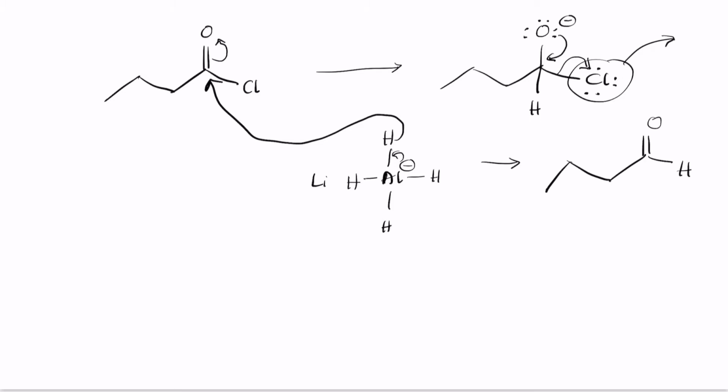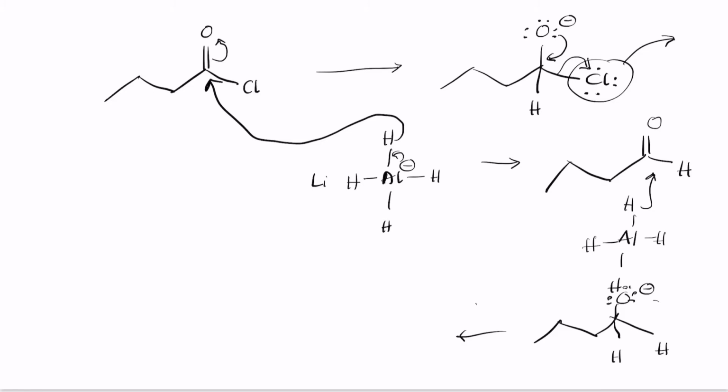The aldehyde again gets attacked by aluminum hydride, and the same thing happens again. The oxygen gains its three pairs of electrons, and there are two hydrogens that are attached. Now the oxygen that is present here, because it's in an acidic medium, this results in the formation of H3O plus.